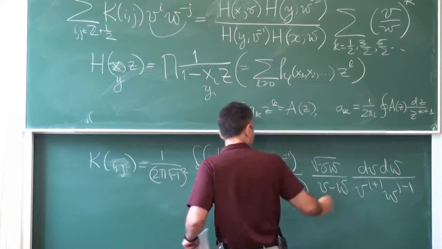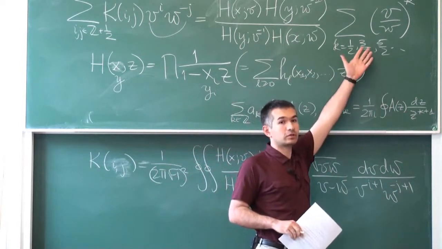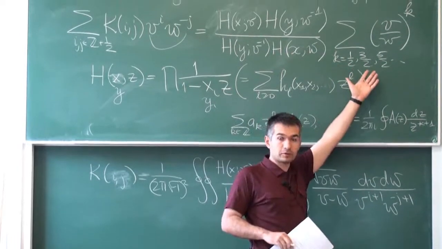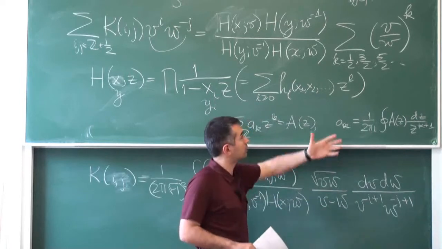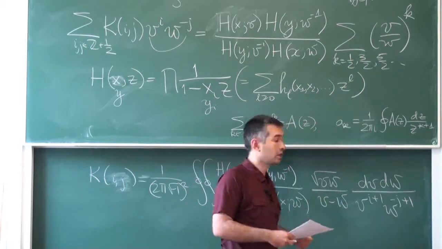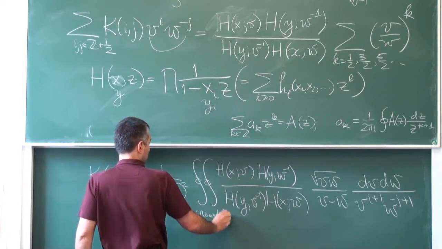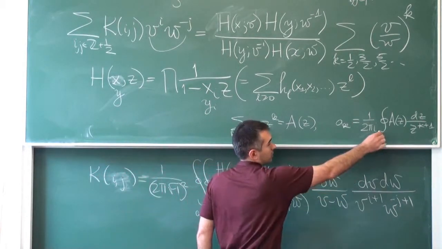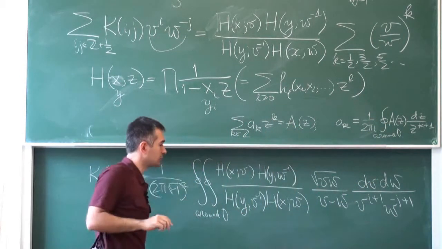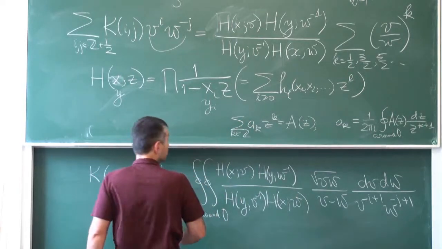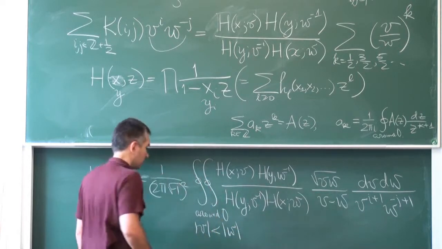Now the only thing I should be careful about is that the sum of the geometric series, when it's a formal series, I don't need to care about the convergence. But if I'm writing something like an integral, I need to be sure this converges. And so these contour integrals have to be around 0 because we need to pick poles. So here this is around 0. We need to pick the pole at 0. But also I need to assume that the absolute value of w is less than the absolute value of v.